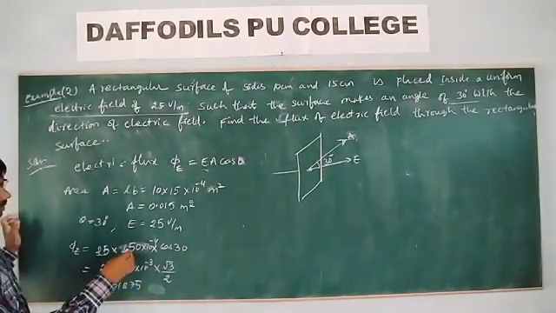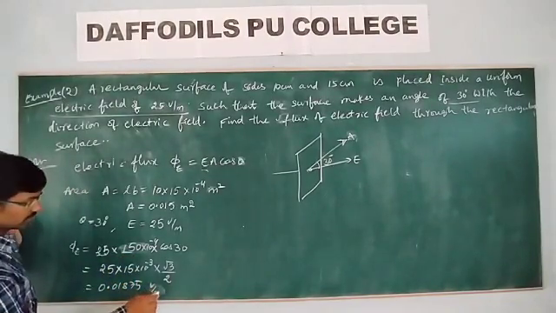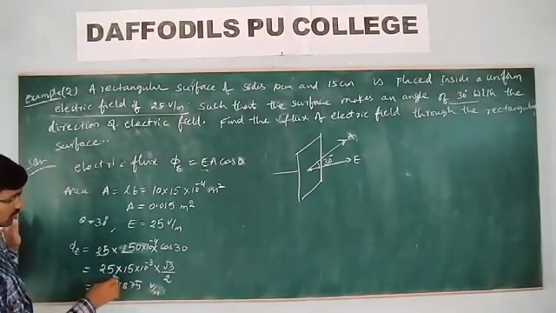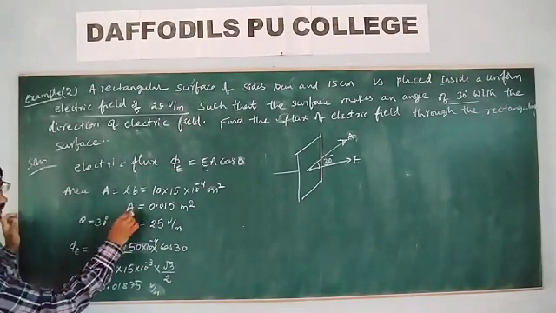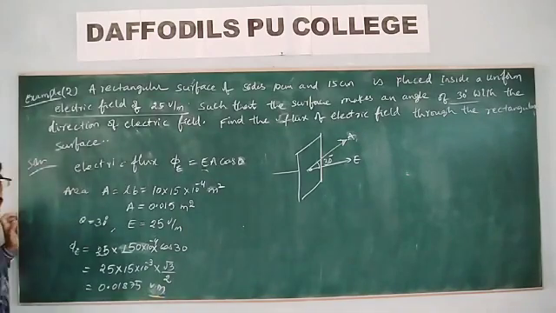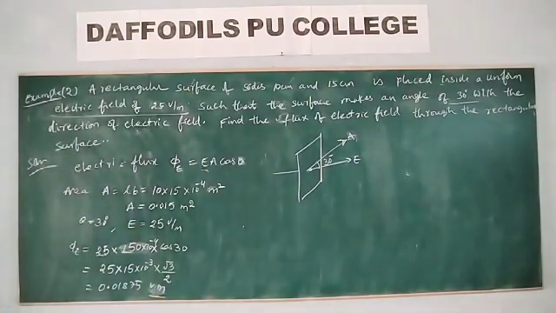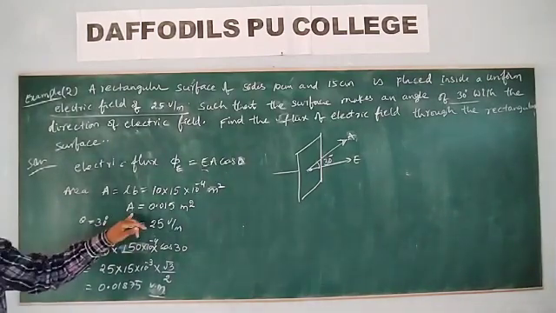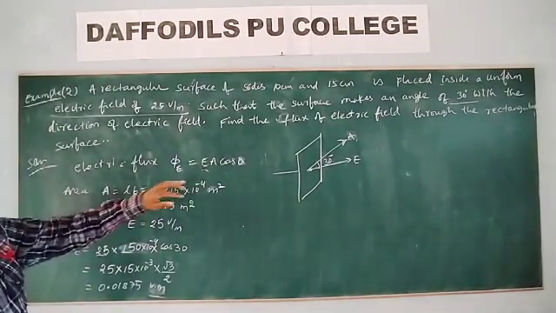The unit is Newton meter square per Coulomb, Weber. Flux is electric field into area, volt per meter into meter square, volt meter. So this is the flux for that surface that we have calculated. We just need to take the direction of the electric field and the area vector and the angle between those two.